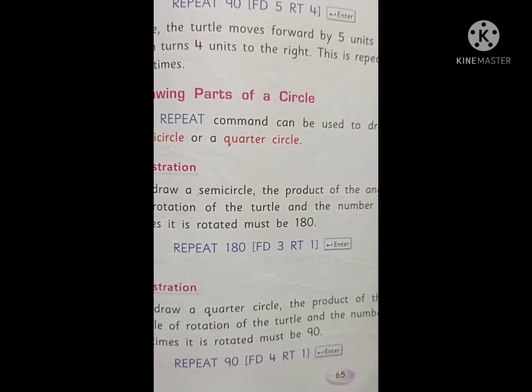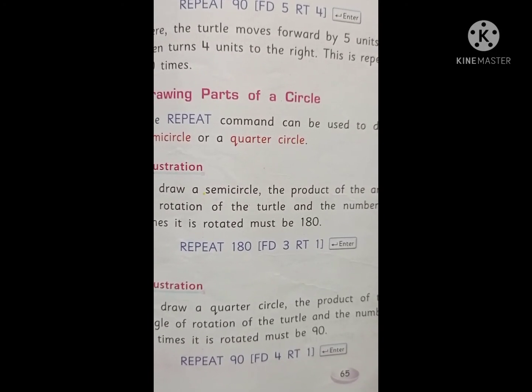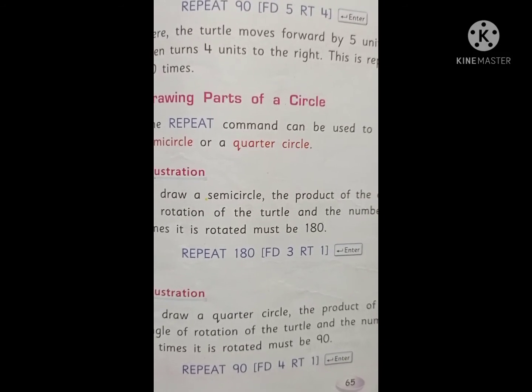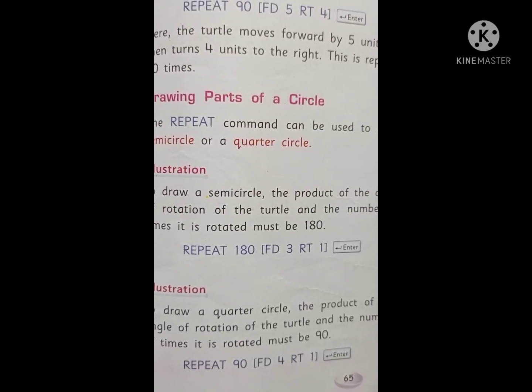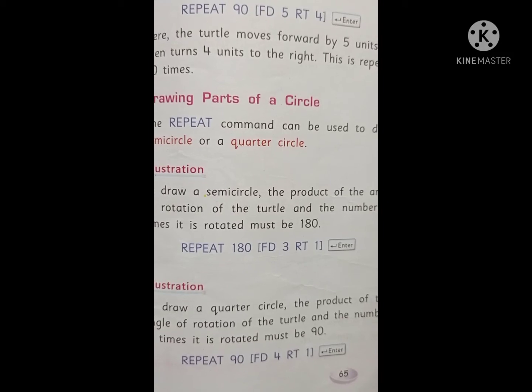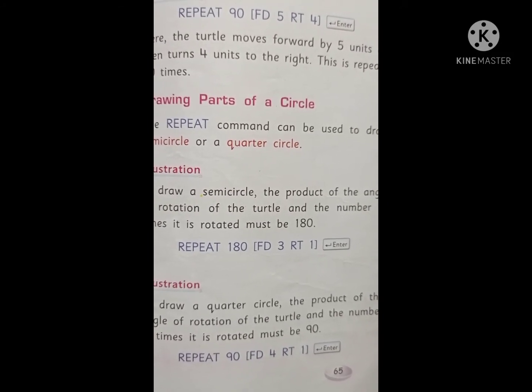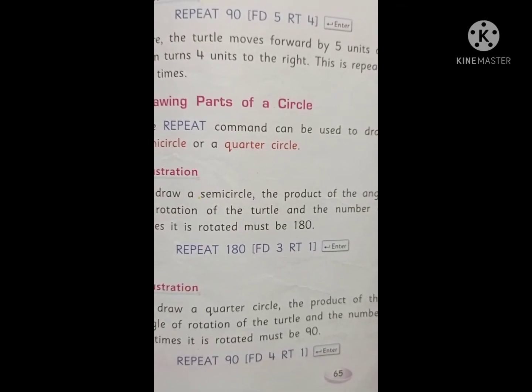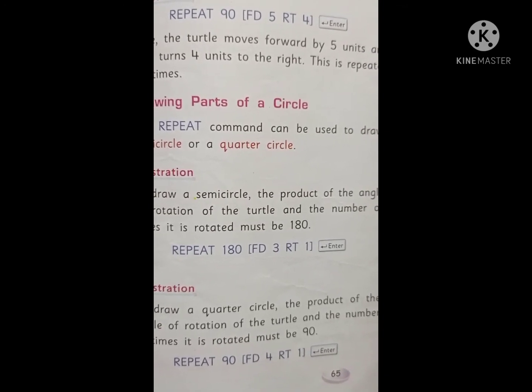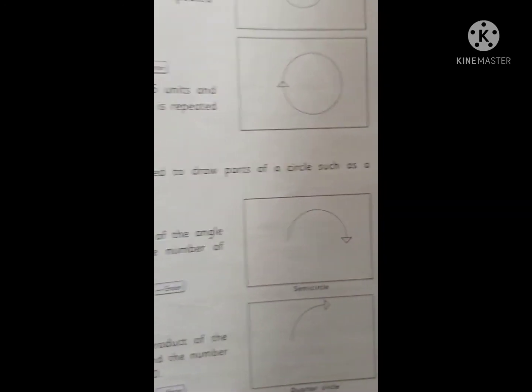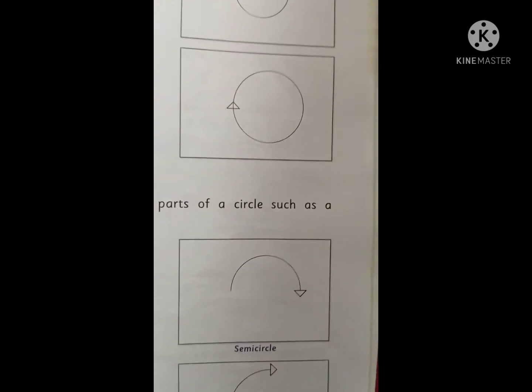FD3 means we move the turtle 3 units. And we turn the turtle right 1 degree. The same step is repeated 180 times, and we can make a semicircle.